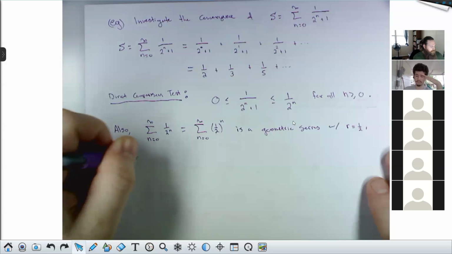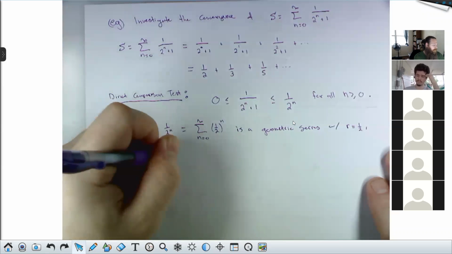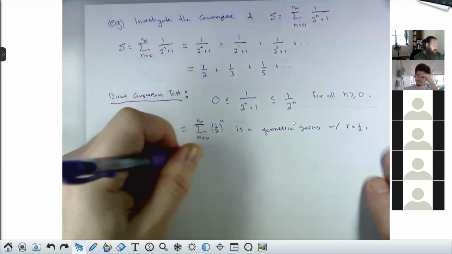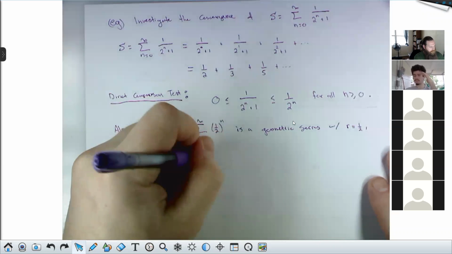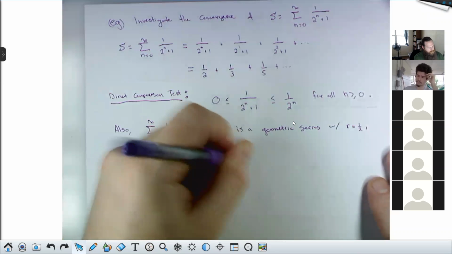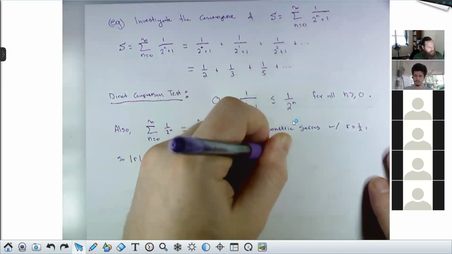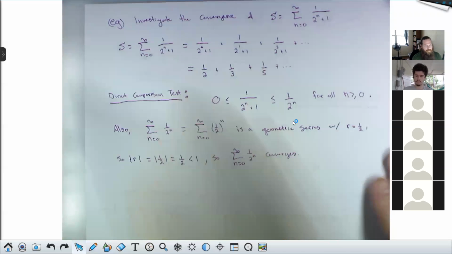So the absolute value of r is the absolute value of 1/2, which is 1/2, which is less than 1. So the sum from n equals 0 to infinity of (1/2) to the n converges. Am I done?